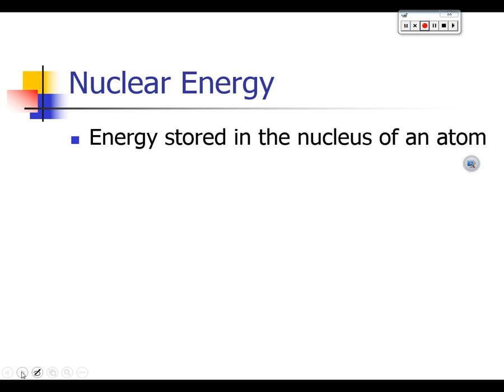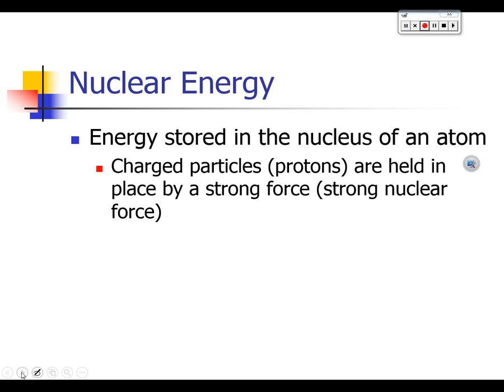Hopefully, you're at least somewhat familiar with an atom, and you know about what it kind of looks like. In the nucleus of the atom, we have parts called protons, and those protons have positive charges, and they are held together by something called a strong nuclear force, and we'll learn all about this as we go along. But if we get too many protons, then that nucleus can't be held together, and those protons will start repelling each other.